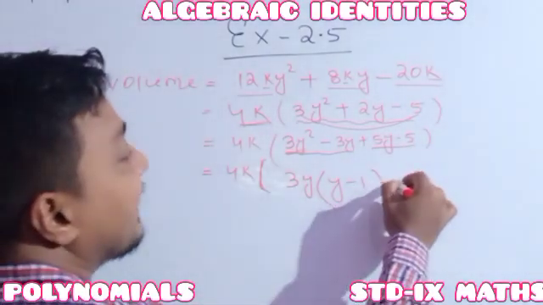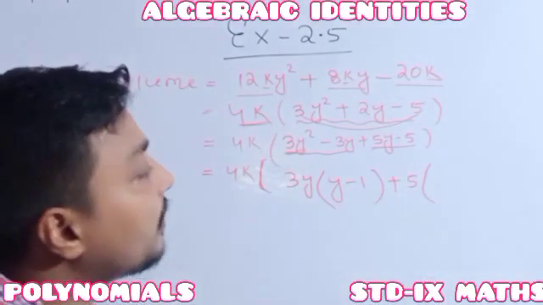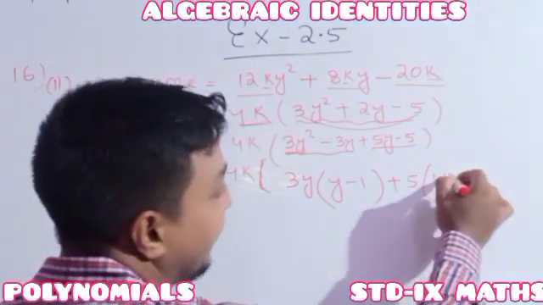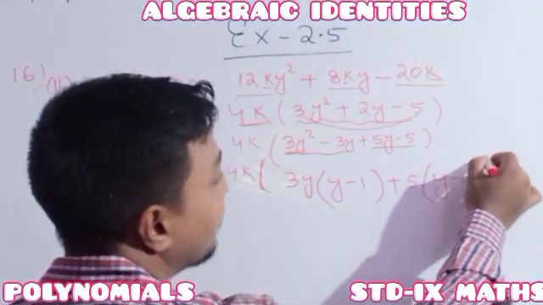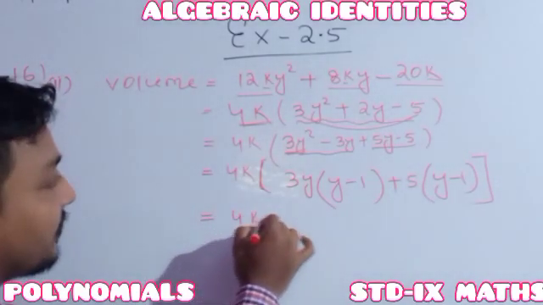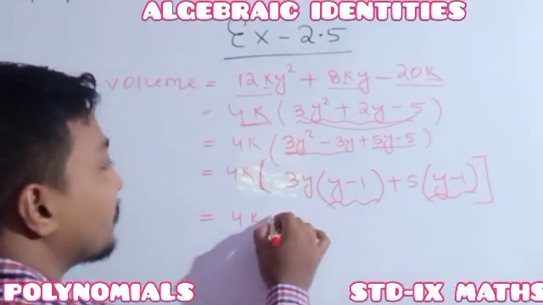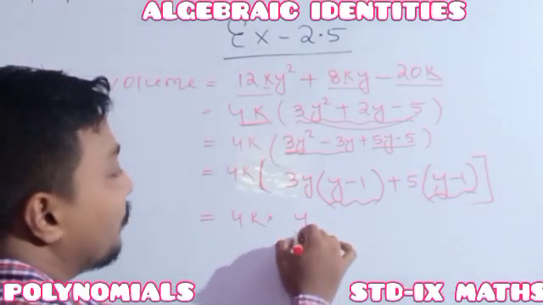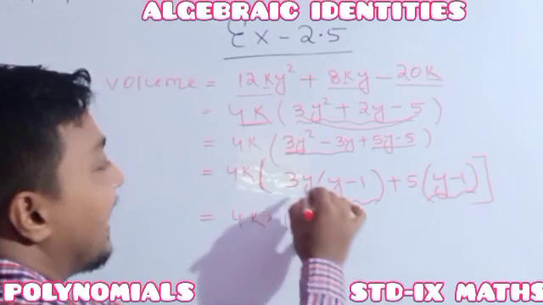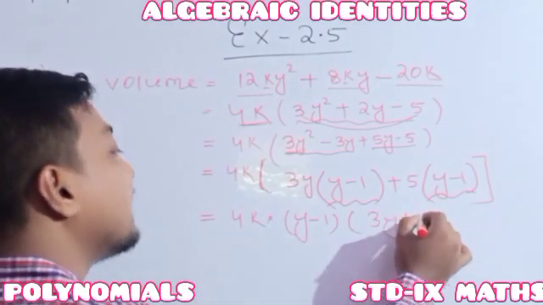From the last two terms, I can take 5 as the common, and after taking 5 as the common, y minus 1 is still left. So which implies 4k, and here it is y minus 1, here it is y minus 1. From the two I am taking y minus 1 as the common, and within the bracket the non-common part, 3y plus 5, is left.